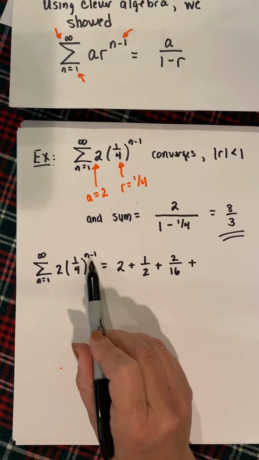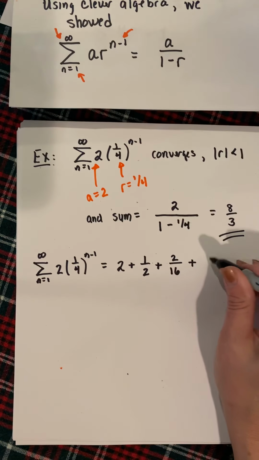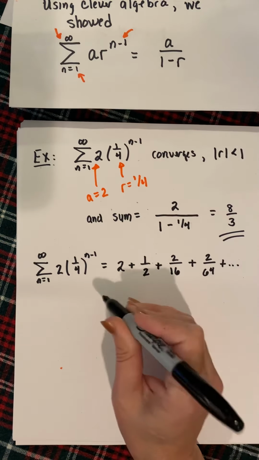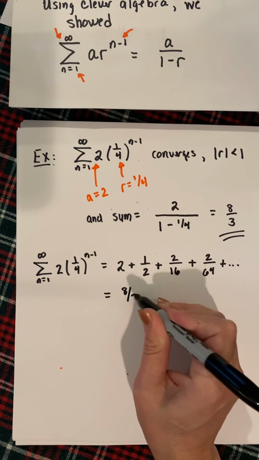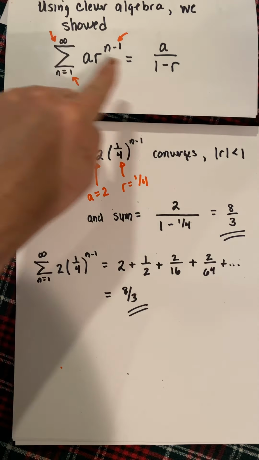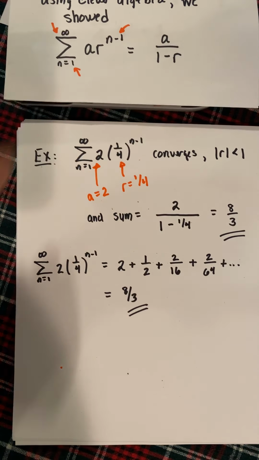If I put 4 in there, cubed, 2 over 64. And if I added that up and did this infinitely, it would all equal 8/3. Again, remember it has to be in this form in order to use this template.